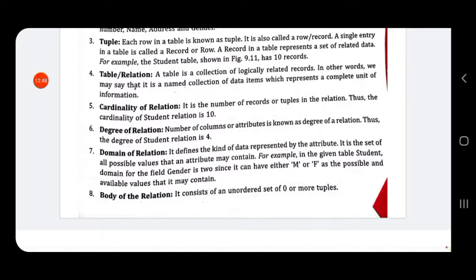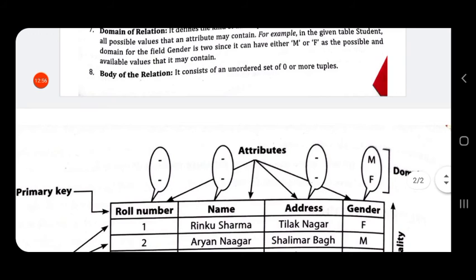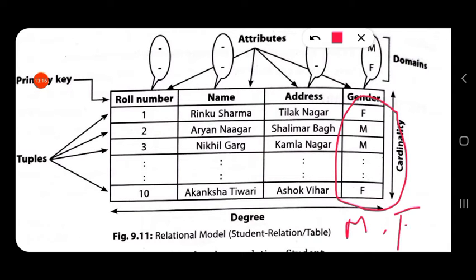For example, in the given table student, the domain for the field gender is 2, since it can have either M or F. So domain means what all values can come in a column. In this column, no values other than M or F can come.